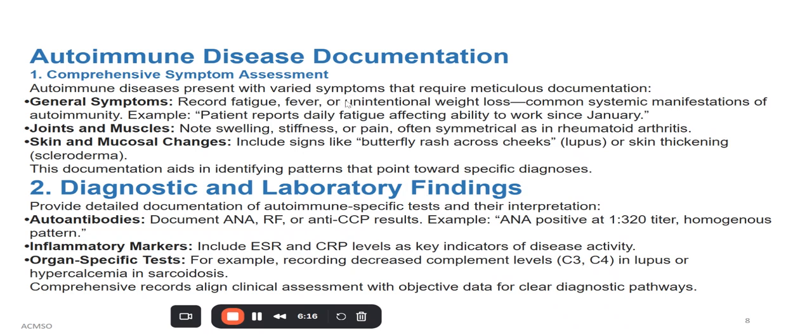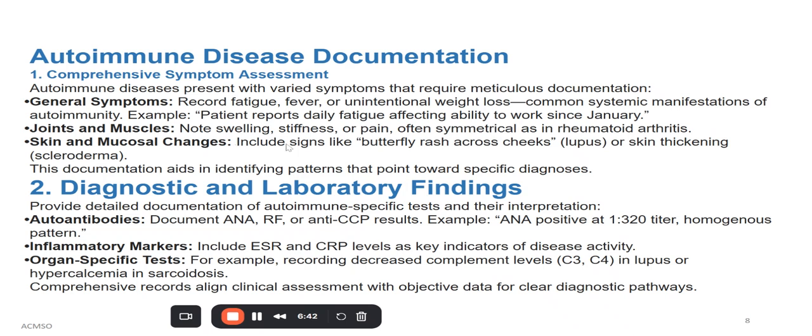Example: patient reports daily fatigue affecting ability to work since January. Joints and muscles: note swelling, stiffness, or pain, often symmetrical, as in rheumatoid arthritis, RA for short. Skin and mucosal changes include signs like butterfly rash across cheeks, lupus, or skin thickening, scleroderma.